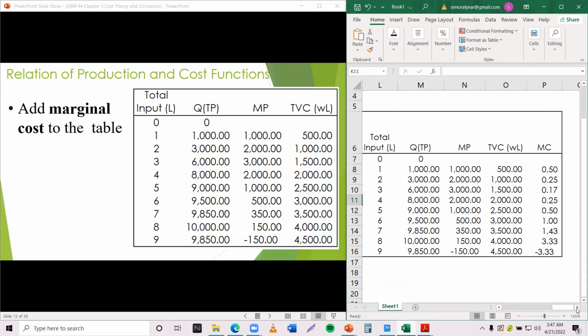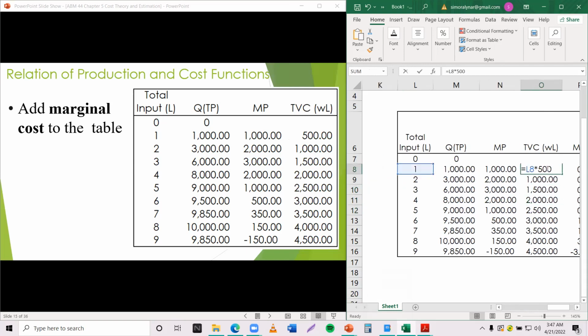So total variable cost for labor is 500 times the input, so W times L. 500 multiplied by 1 is 500, 500 multiplied by 2 is 1,000, 500 multiplied by 3 is 1,500, and so on and so forth. That is the total variable cost based on the total number of inputs.